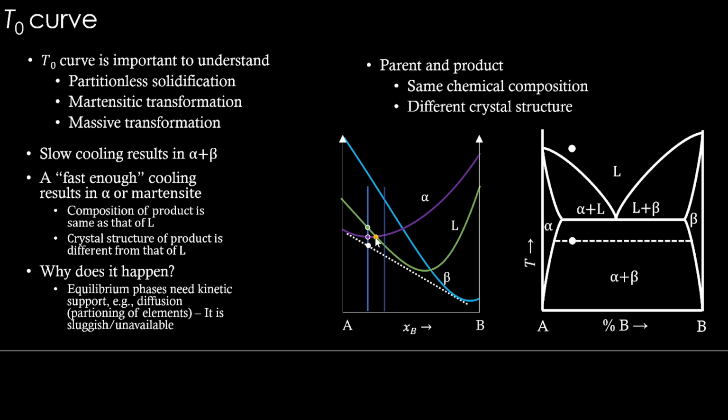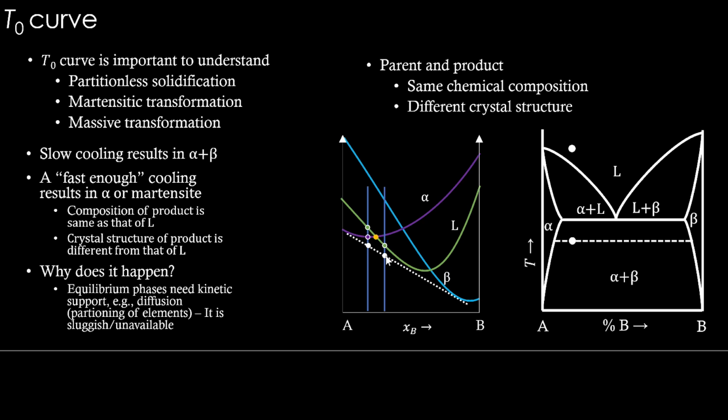and to the right of it, if we have an overall composition, can this sort of phenomenon happen? Let's consider the liquid's Gibbs energy. This is going to be the liquid's Gibbs energy. If this liquid is brought to this temperature, it should want to become alpha plus beta of this particular Gibbs energy. The combination of alpha and beta which will give this Gibbs energy, that's the equilibrium state.